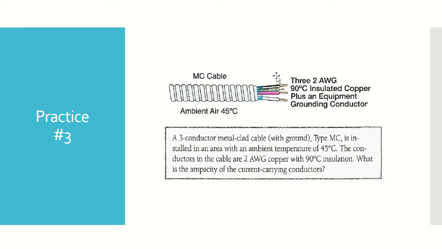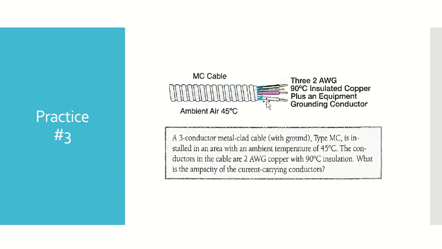Take a look at number 5 and number 6 on the next 2 pages, the neutral conductor. So when do we count that neutral conductor here? It says a neutral conductor that carries only the unbalanced current from the other conductors of the same circuit shall not be required to be counted when applying provisions of 310.15(B)(3)(a).